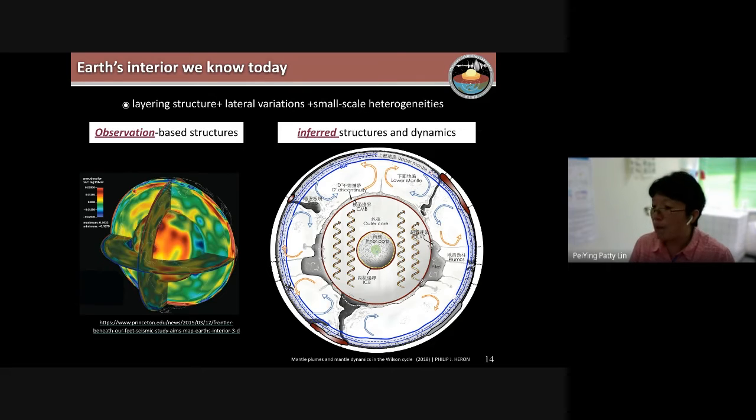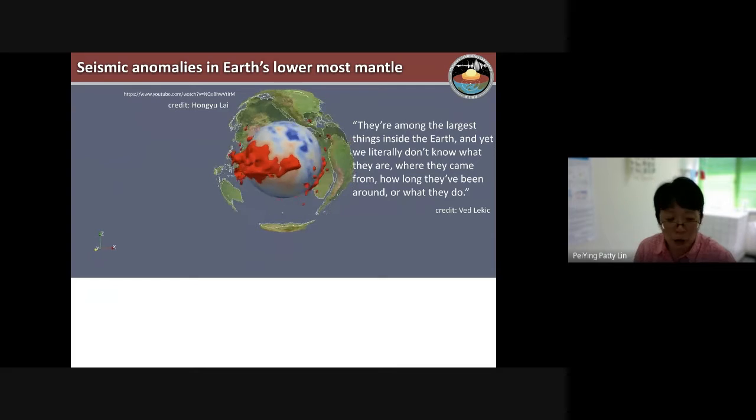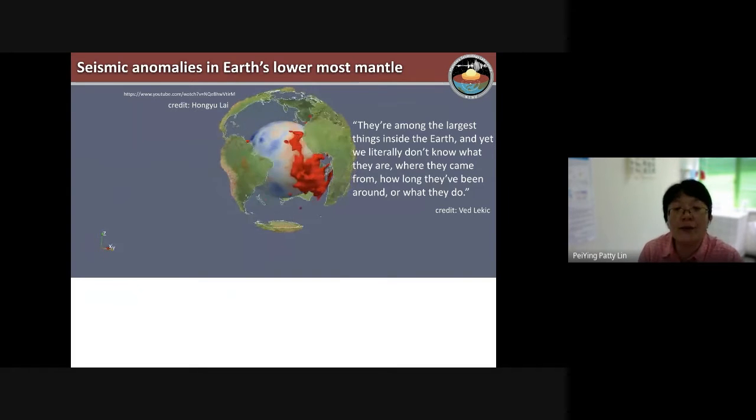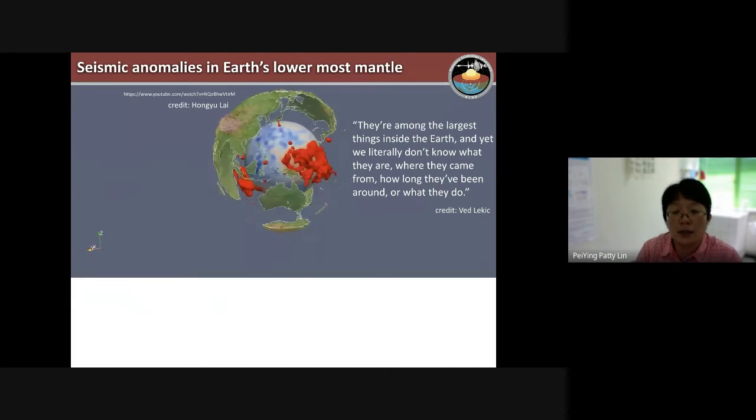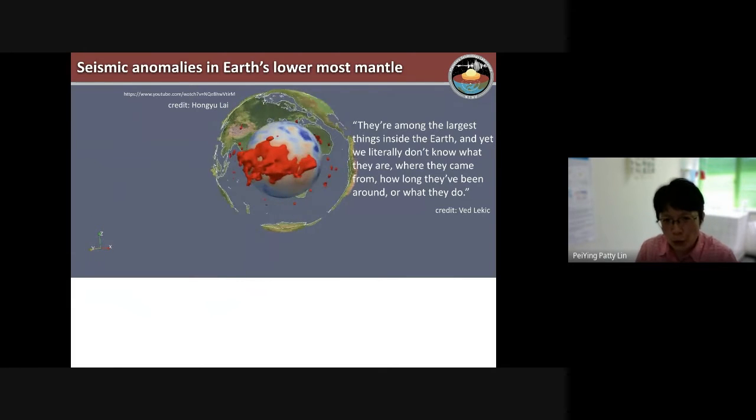Although we cannot go there, seismology already tells us there's a huge mystery stuff there, beneath two areas. One of them is beneath Africa, and one is beneath the Central Pacific. So there are two giant low-velocity regions, particularly beneath the Pacific and Africa.